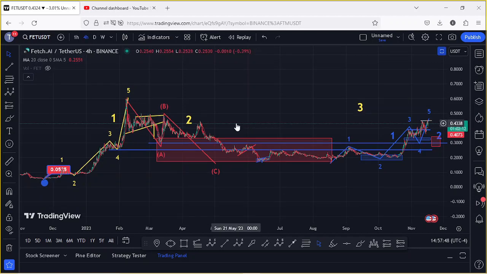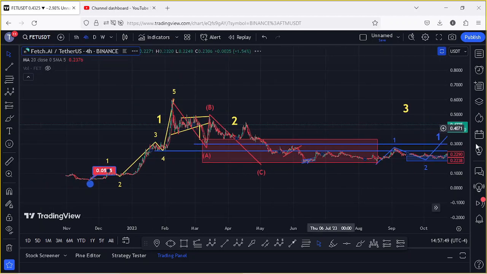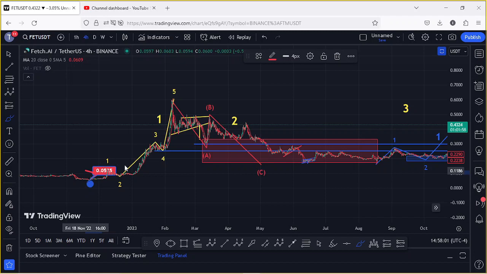Zooming out on the charts now to give you my long-term Elliott wave analysis, you can see that fetch.ai gave us a low back in 2020 at around the $0.0525 mark before we peaked in a 5-wave structure over here, giving us a high above the $0.61 mark, completing the formation of this Elliott wave count 1 to the upper side.